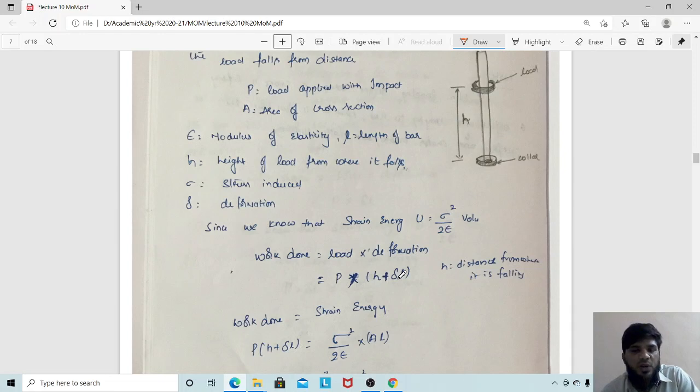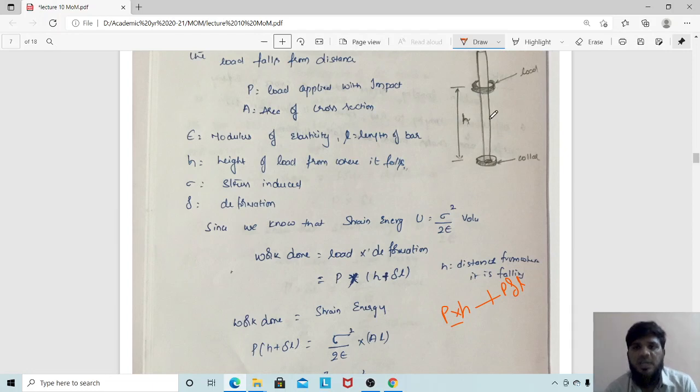We have two works done here: P into h, one work done, plus P into the deformation. The first work is because of the displacement, so I have written directly here P into h plus delta L. This is the first work done, W1.